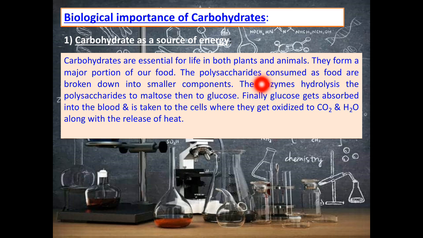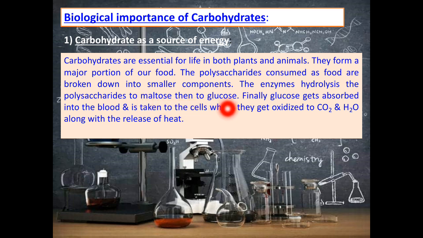This polysaccharide, the starch, whatever we consume as food, the food undergoes digestion. Digestion is what? The polysaccharide broken down into smaller components. The enzymes hydrolyze the polysaccharide into maltose first. That means polysaccharide converted into disaccharide, and that disaccharide converted into monosaccharide. That means complex food materials broken into simpler food materials.